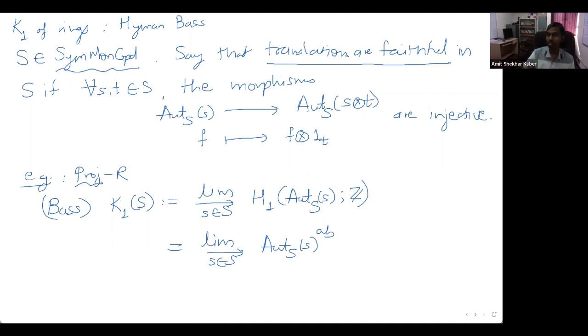So let us try to see what happens in the case of K1 of R. So K1 of R is now defined as K1 of Proj R. Naturally, because translations are faithful, we will try to simplify this.